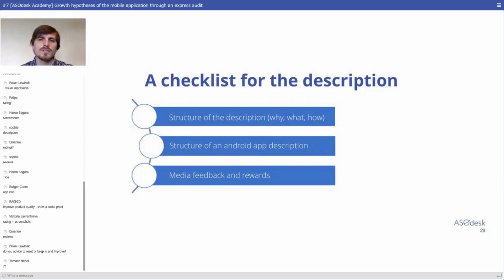The structure of an Android app description is a bit different, because for an iOS app we cannot use HTML modification of the text, and on Google Play we can use both emoji and HTML modification, editing of the text, and whether we are using media feedback and rewards or not.